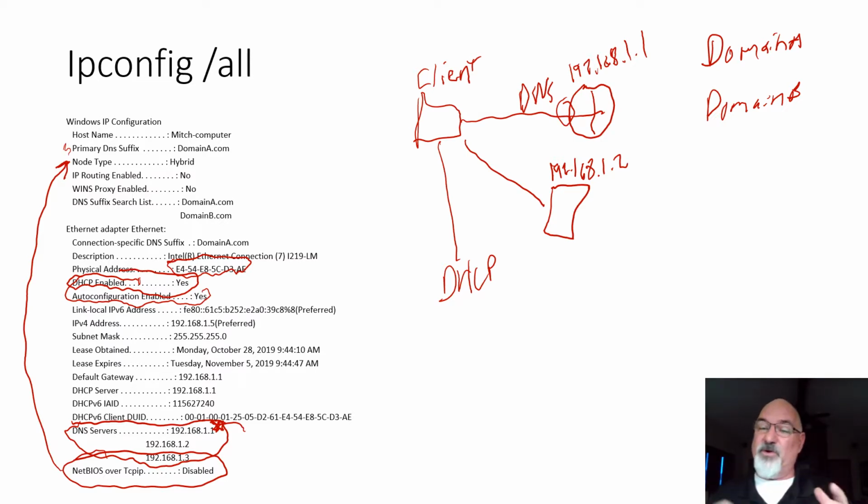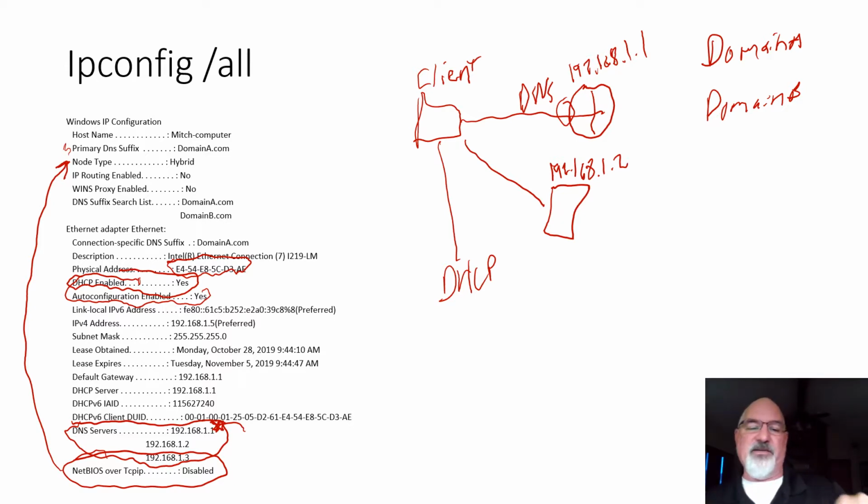Auto configuration is that 169. I can't even remember the next set of digits for it, but it's a 169 something something address, right? The IPv4 address for this computer, the subnet mask, if it has an IPv6 address, that'll show up. The default gateway and all the DNS servers. So I've actually established a lot of information, and I've also established that NetBIOS over TCP/IP is disabled.